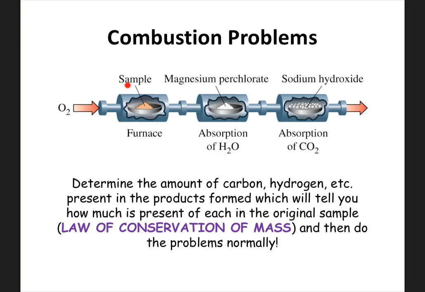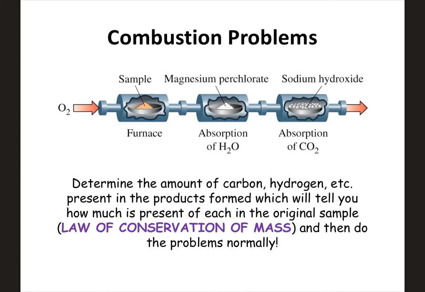So they would burn the sample in the presence of oxygen, a combustion, and then the water gets absorbed by magnesium perchlorate. Based on the beginning and ending masses of the magnesium perchlorate, they know how much water was given off.